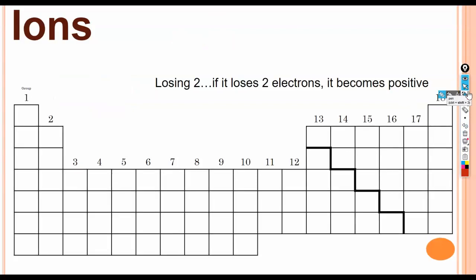Under the right conditions, it can lose 2 electrons, and then it is going to become a positive ion, right? Because if it's a normal atom, it's going to be neutral, with the same number of protons and electrons. But if it loses 2 electrons, remember electrons are negative, then it's going to have a positive charge, and it's going to become an ion.